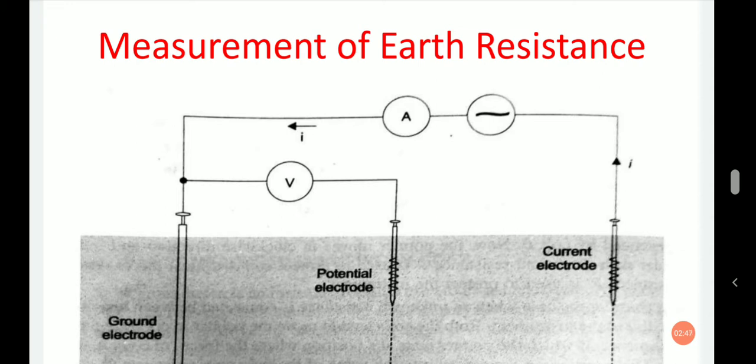This leakage current trips the circuit breaker and hence isolates the faulty circuit from the supply.